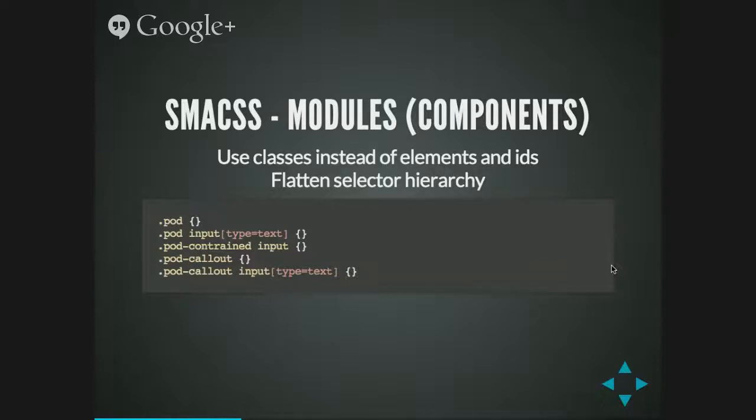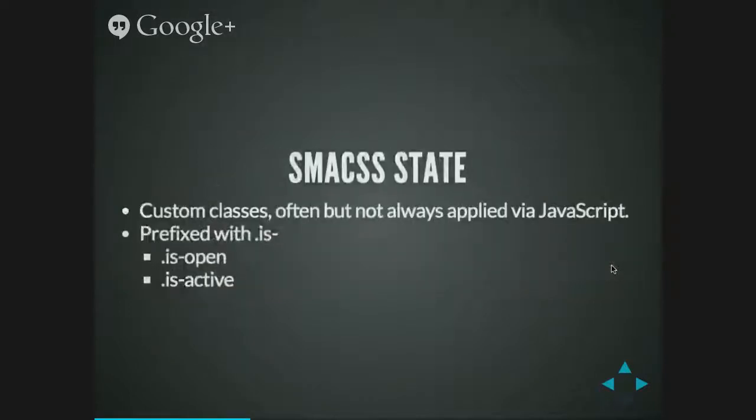And you don't want to use IDs, because you're making these reusable, and an ID should only appear once on a page. With classes you can have multiple instances, and you want to get rid of that hierarchy. Just one class, so you can take that and put it in different places. There's no context assumed for the component.